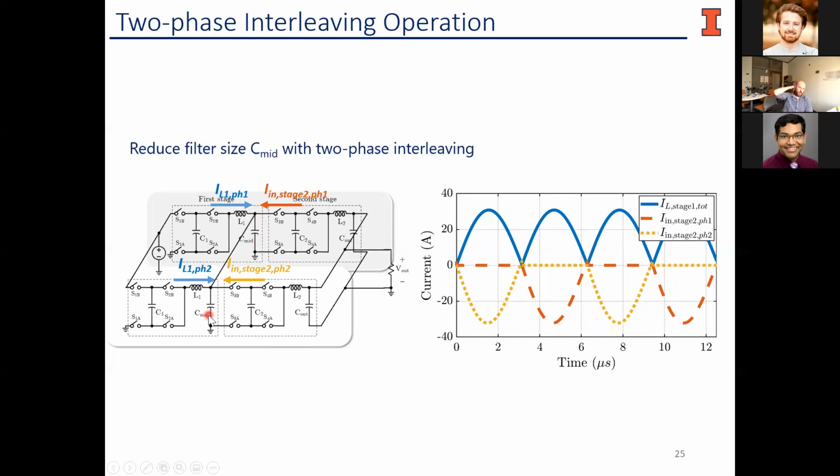Which means that basically we've decoupled these midpoint capacitors, and they're no longer operating within or interfering with the resonant operation of this particular converter. So by operating in these two stages and very carefully handling the control, we're able to decrease the size of the midpoint capacitor. It's stiff by design, as opposed to being stiff with respect to a large capacitor here.